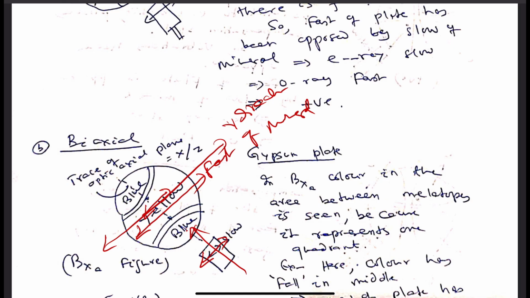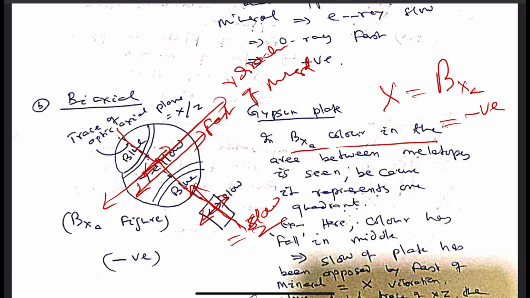This is fast, so this one will be the slow direction. Slow means Z. So the perpendicular to this section will be X. So X will be the acute bisectrix. That means it is negative, biaxial negative.